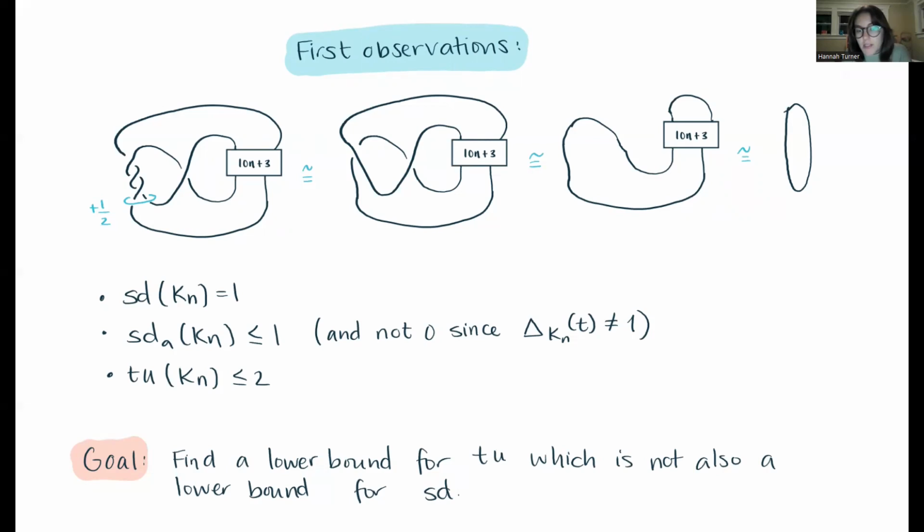That's going to give us the second diagram, which you can see simplifies. And in this part of the proof, it doesn't matter what the number of twists were in that last region. We don't care that it has the form 10n plus 3. No matter what it is, this knot is isotopic to the unknot.